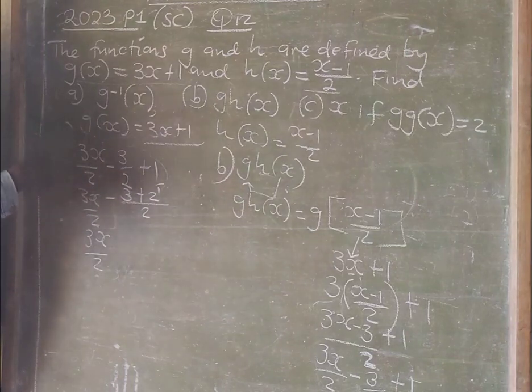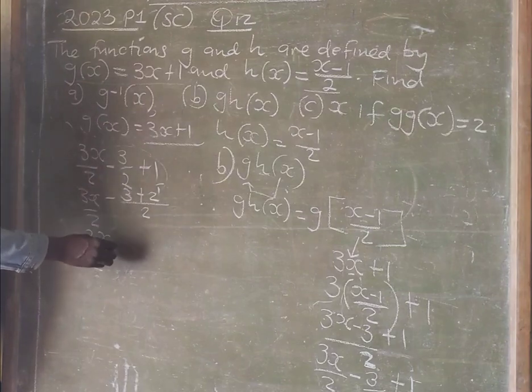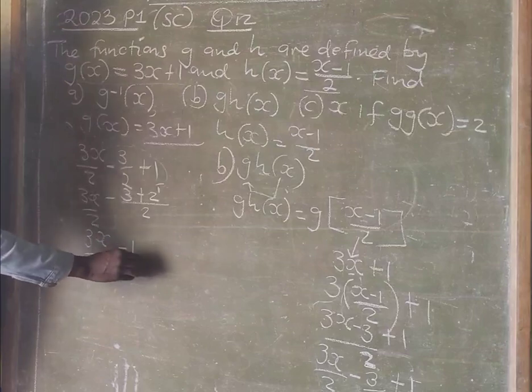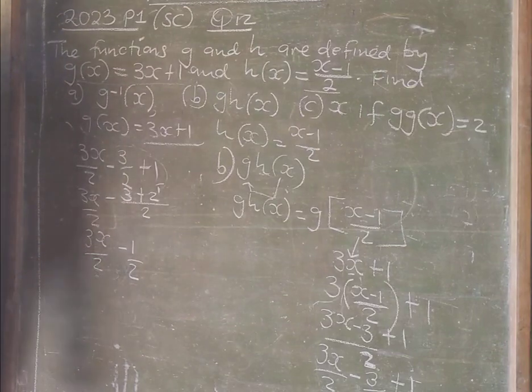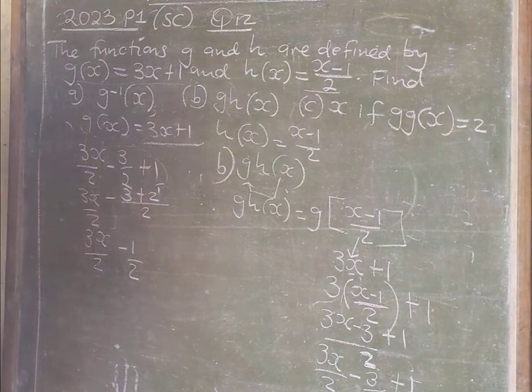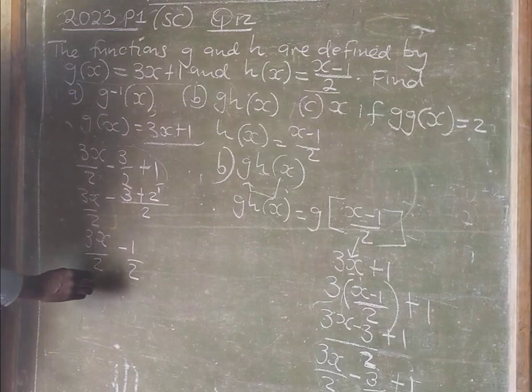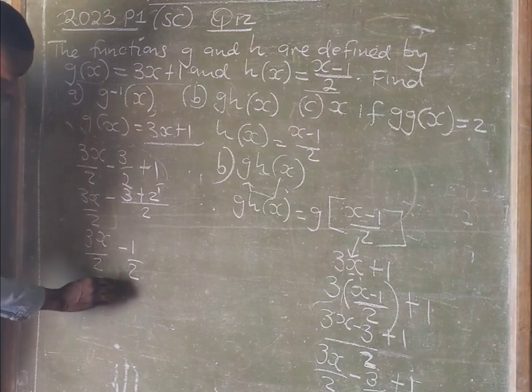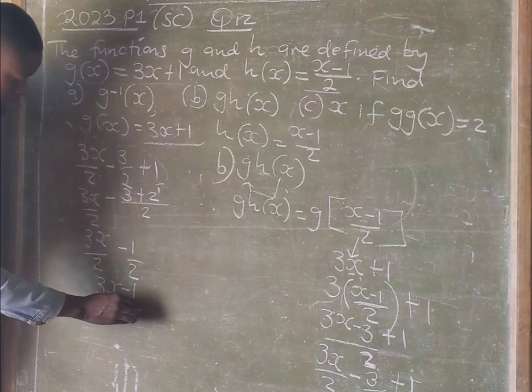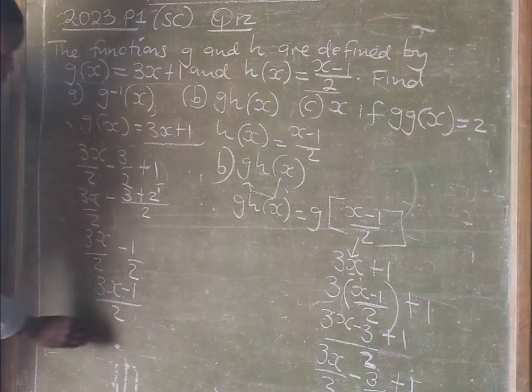So different signs you subtract and maintain the sign from the bigger number. So negative 3 plus 2, that is negative 1, over 2. Okay, so now that the denominators are the same, you can now put this together and have one denominator. So you have 3x minus 1 over 2.